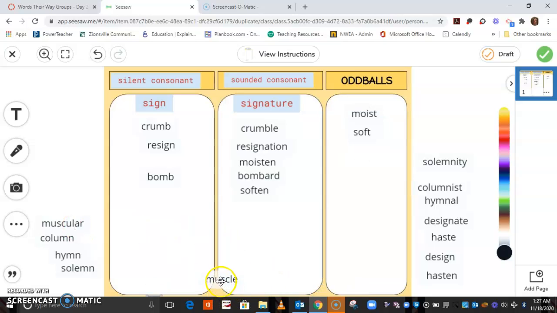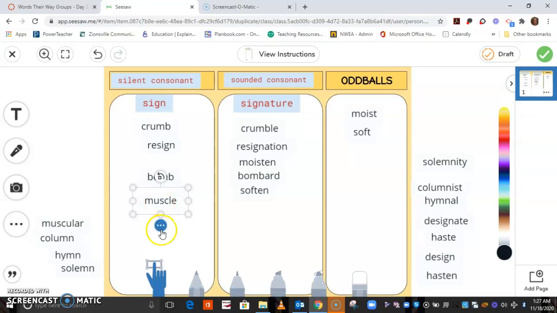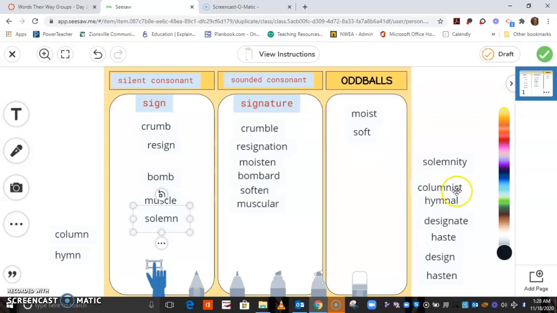Okay, muscle. A lot of times I'll hear people pronounce that muscle, right? But that C is actually silent, muscle. But then we have the word muscular, and then you do hear that C here. Okay. Let's see, solemn, silent N. Solemnity is the longer version.